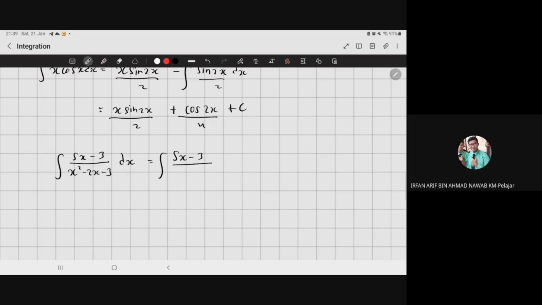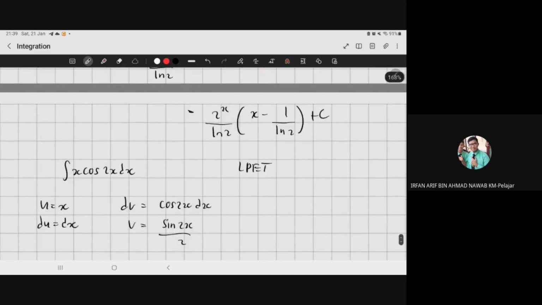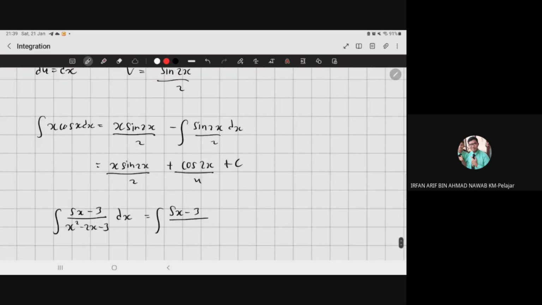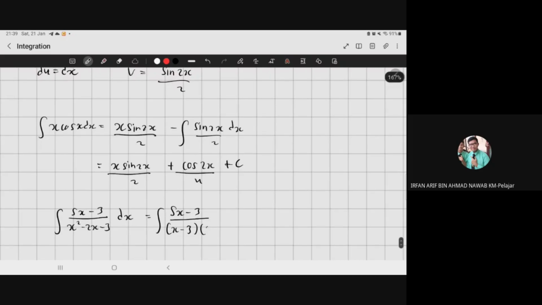So 5x minus 3 over, negative 3. I think this will be x squared... wait, sorry, it's not x minus 2, it's x minus 3 and then x plus 1.